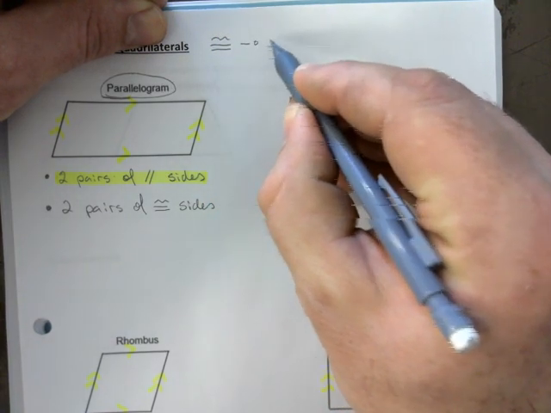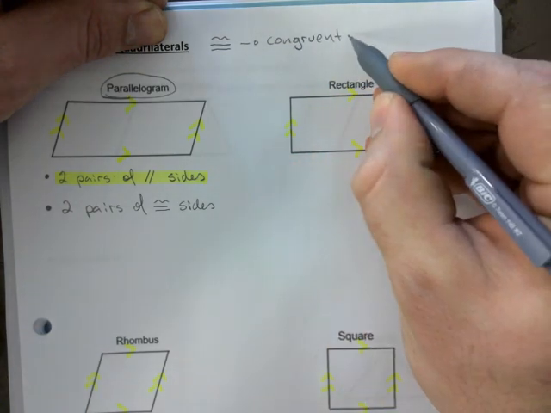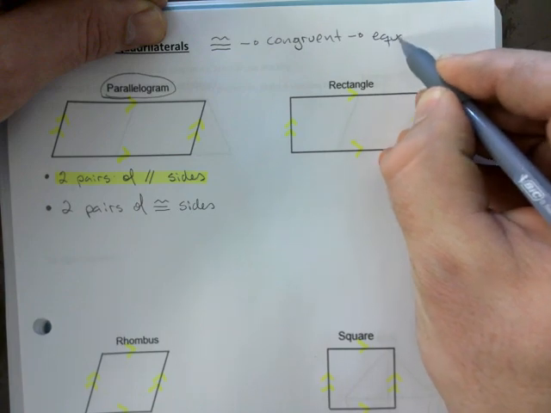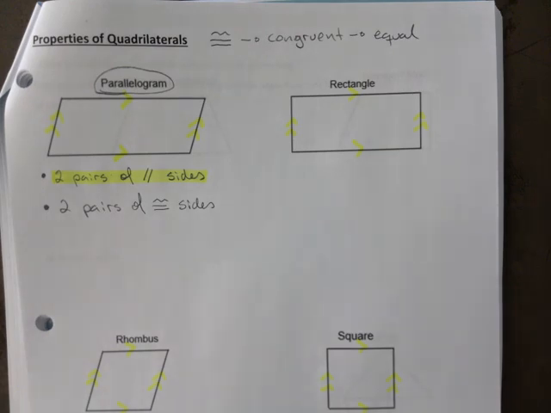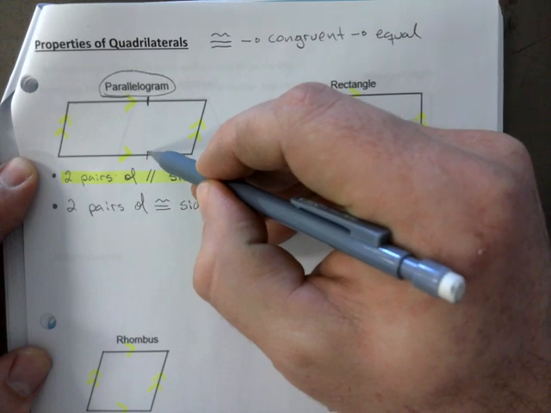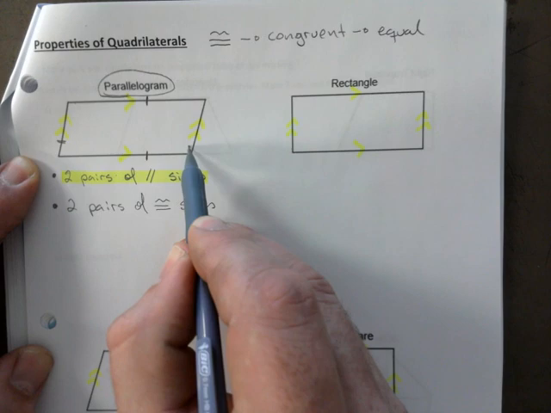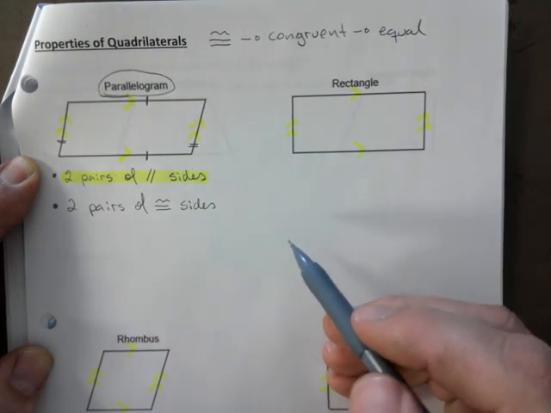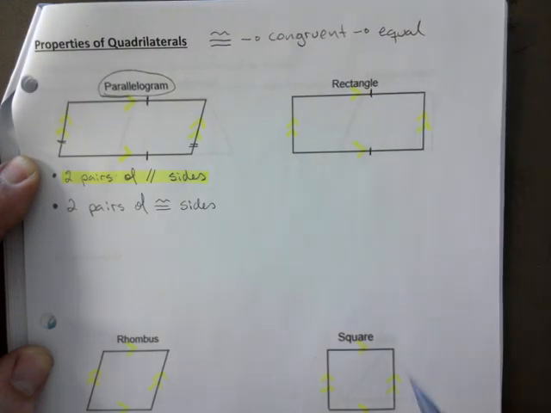Congruent, right? Equal, okay? If sides are congruent, that means that they're equal in measure, okay? So if you have a pencil, I'm going to denote it this way. I'm going to say this side measures the same as this side, and this side measures the same as that side. Okay, and that's true for the rectangle as well. Same.